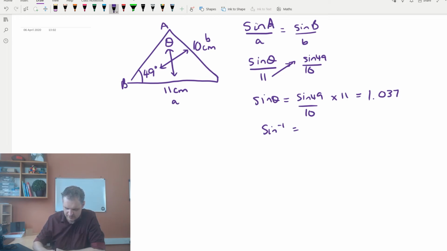Sine 49 over 10 times 11 is 0.83. And so because it's 0.83, we then have sine to the minus 1, which is 56 degrees.